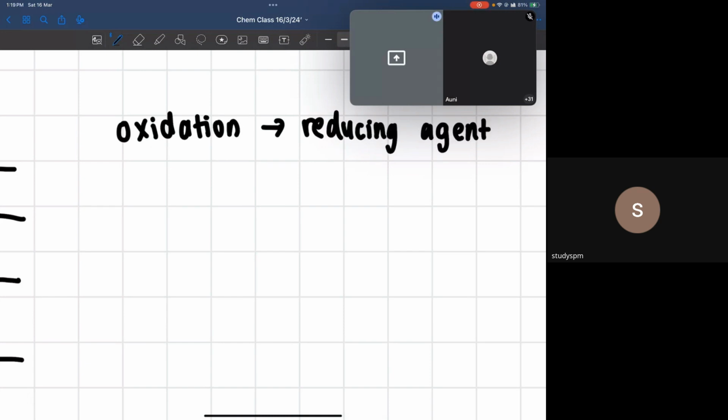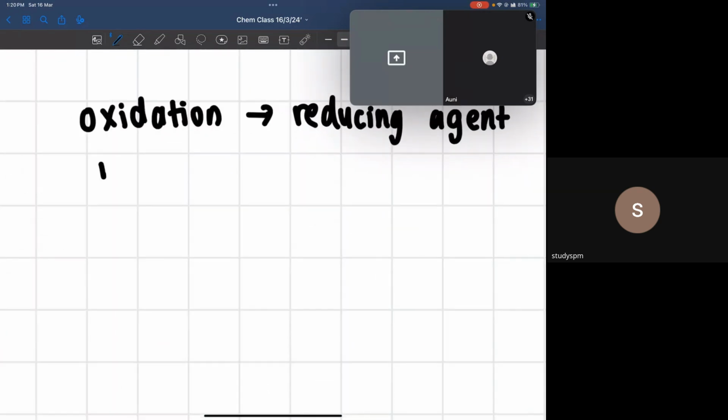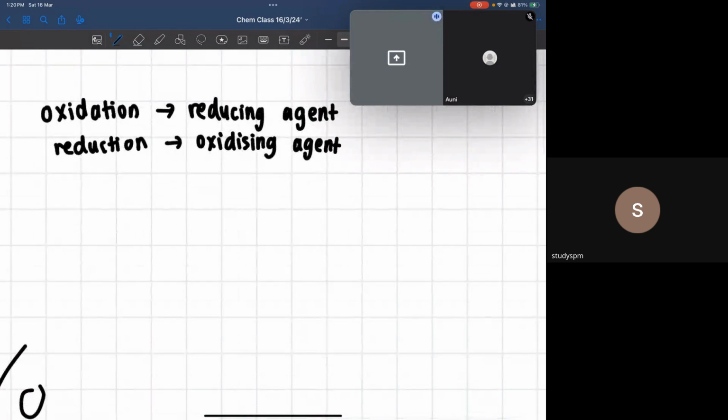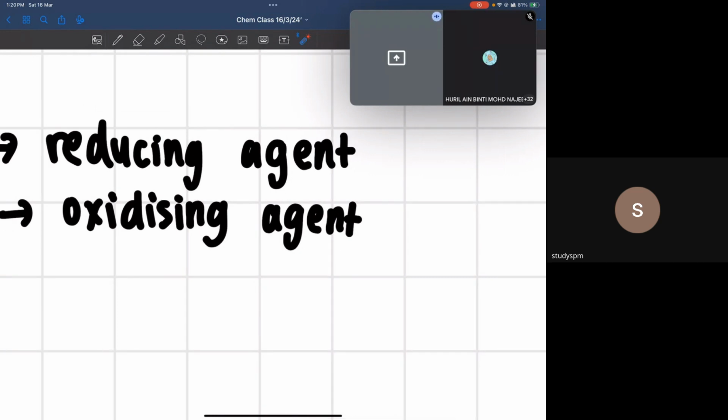Agent is something like you kasi tolong. Okay? And then this one, if something undergo reduction itself, they akan act as oxidizing agent. This one is very, very important until your SPM. Okay, ada paper one, banyak in paper one question. Okay, this substance undergo reducing agent. This substance act as reducing agent.